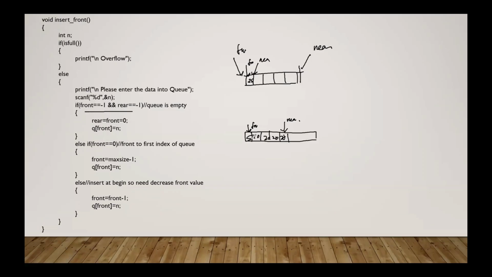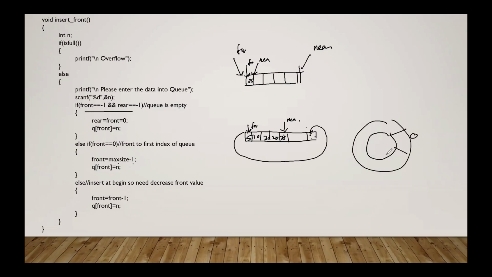If front equals 0, anyhow we have to insert from this side. So front will move to the other end, that is max minus 1. We make front equal to max minus 1 because it is a circular queue.